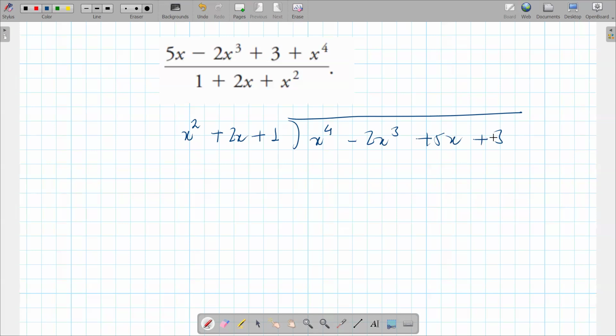There's something missing in this setup. Identify the mistake. There's something missing here. You need to have 0x squared. Exactly. You need to account for the 0x squared, otherwise it's not going to work.